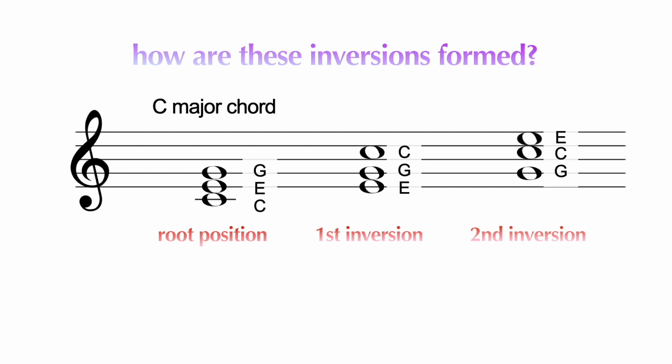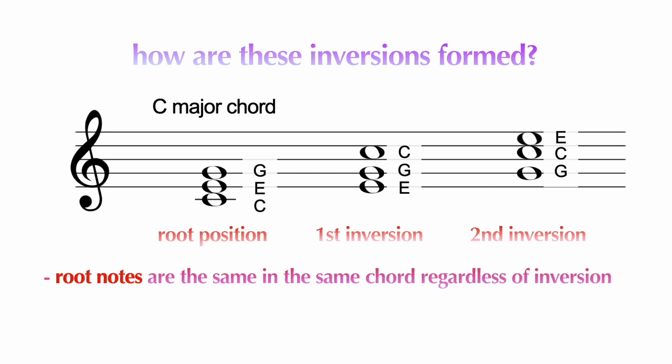The terms root notes and lowest notes, or sometimes we say bass notes, can be very confusing. So we need to be clear that root notes are always the same in the same chord, regardless of inversions. In this example, the root note is always C. It is also the name of the chord.